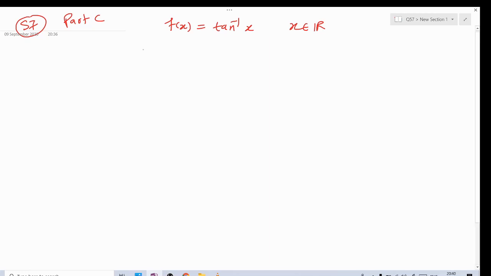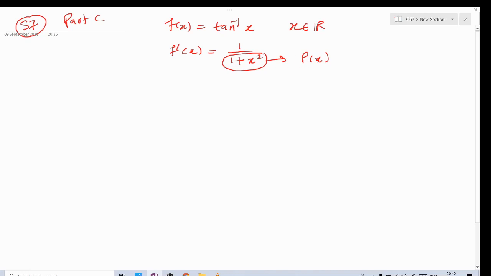Okay, let's look at the first option. Now see, in the first option they are talking about a derivative, so let's differentiate this function. If I differentiate this, what is the derivative of tan inverse of x? 1 upon 1 plus x square. And now what is this denominator? Is this a polynomial? Of course yes. This is a polynomial, and we can say this is p of x.